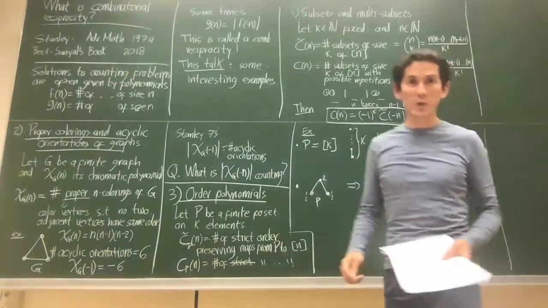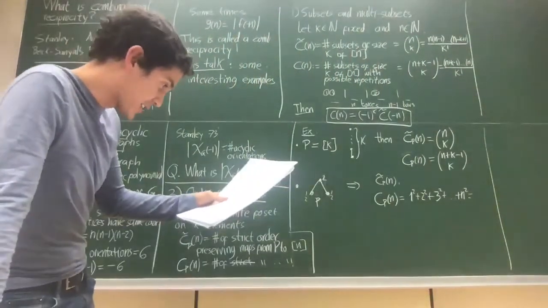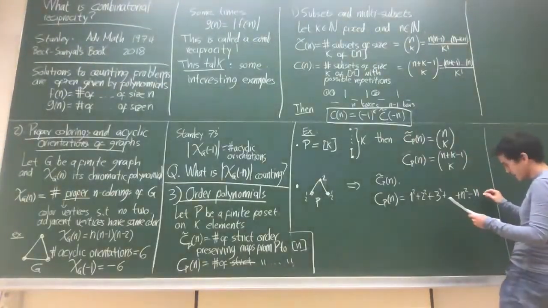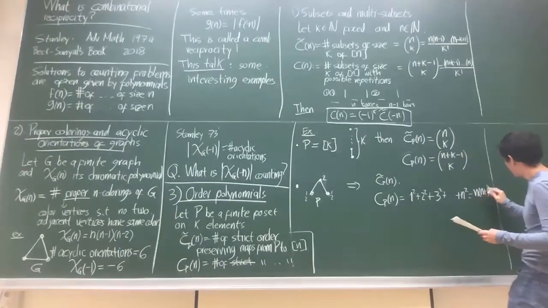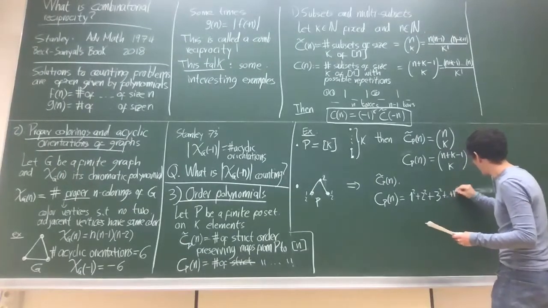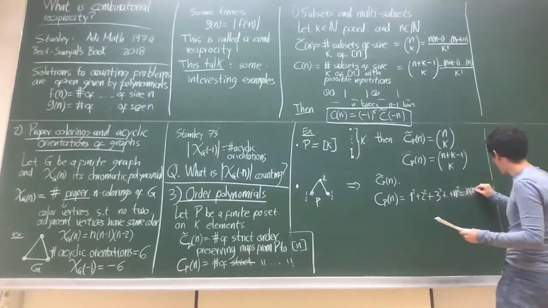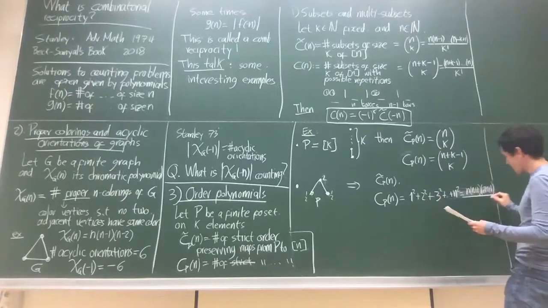So the answer is 1 squared plus 2 squared plus 3 squared up to n squared, and this is equal to n times (n plus 1) times (2n plus 1) divided by 6.